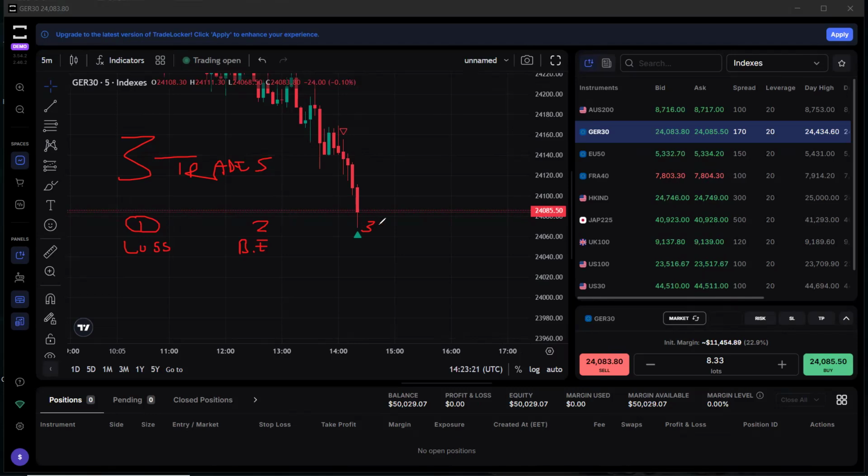Trade number 3, 1:1, which is a win in my books, almost 1%. So I'll just hold that 1%, and I'll actually be happy with it for a trade which almost took us out. I'll be happy to take that 1%.